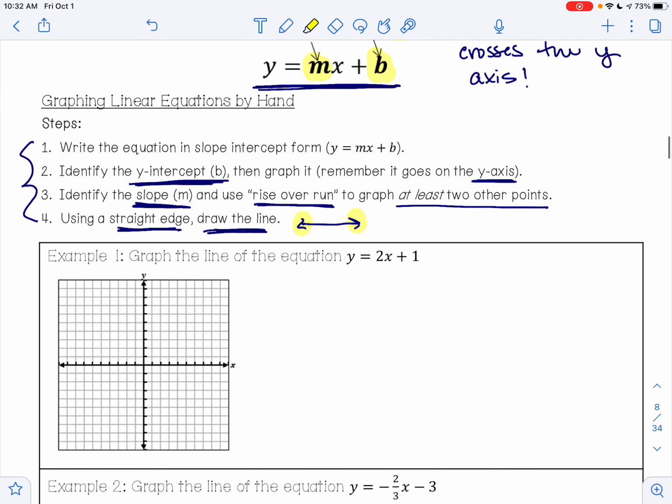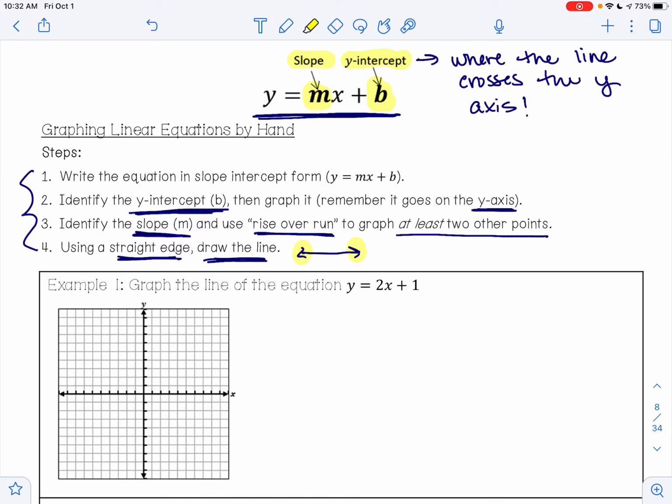So let's look at example 1. It says graph the line of the equation y equals 2x plus 1. The first question is: is y equals 2x plus 1 in slope-intercept form? Does this look like it's in the form y equals mx plus b? Yes, this is in slope-intercept form.